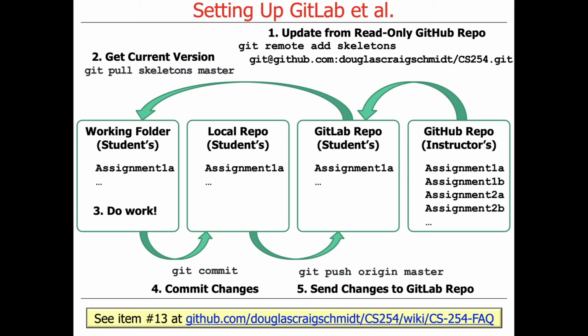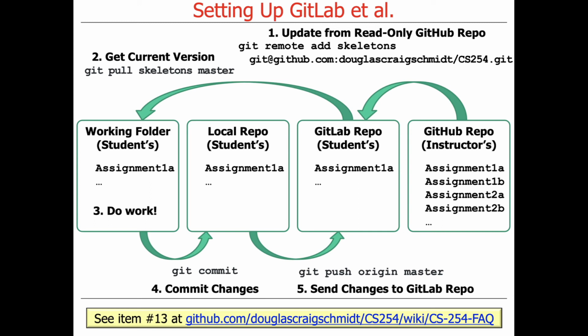And it may be called main now as opposed to master. Probably I should update that. Master is a legacy term. It should probably be git pull skeletons main. And that'll go ahead and pull the contents of my repository, which will initially just be assignment 1A, into your local workspace.